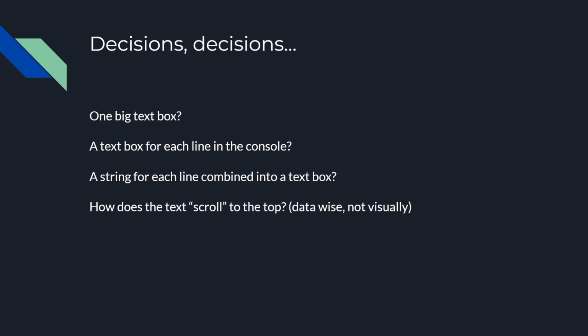So instead of having a text box for each line, you might have a string that you manage this way, and then you take those values and you assemble them into that text box. Maybe another way to do it, right? So you somehow have to keep track. It's always a question of this challenge of how does the text scroll to the top data-wise, not visually.